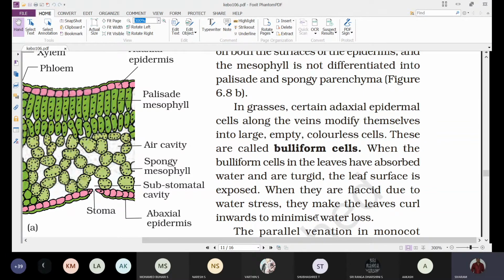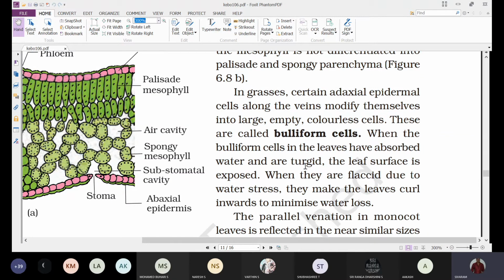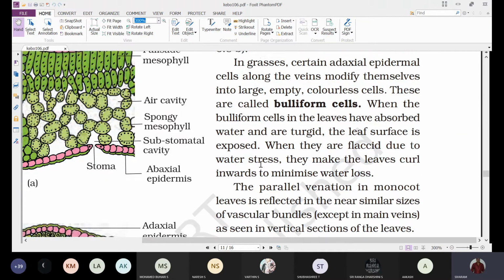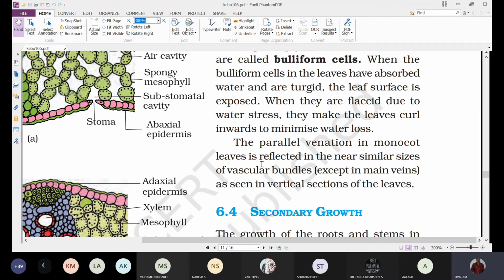When the bulliform cells in the leaves have absorbed water and are turgid, the leaf surface is exposed. So when the conditions are favorable, when the water availability is sufficient, the bulliform cells will obtain a sufficient amount of water.